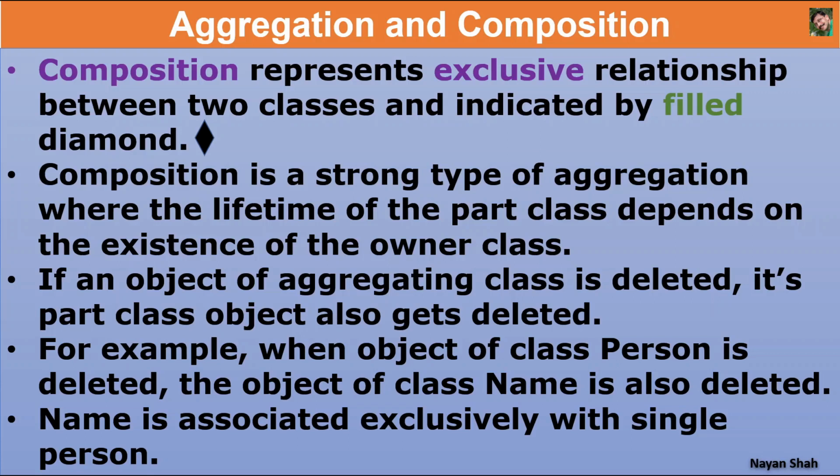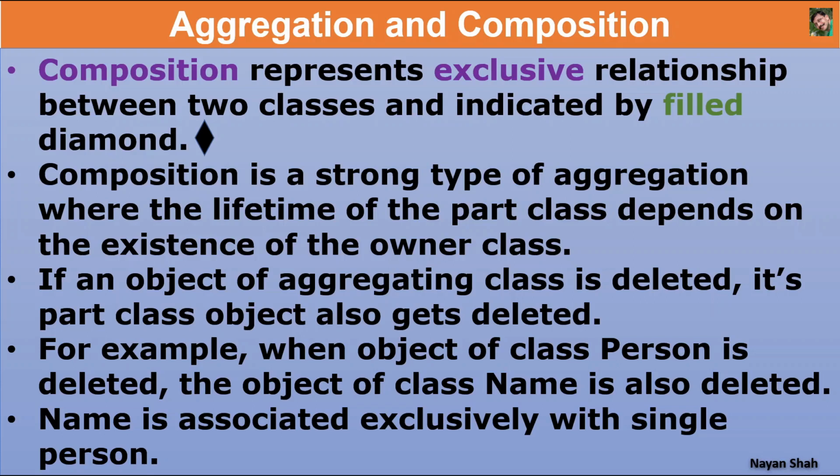Composition is a strong type of aggregation where the lifetime of the part class depends on the existence of the owner class. If the owner class is there, then only the part class can exist. Otherwise, it cannot exist on its own. So if an object of aggregating class is deleted, its part class object also gets deleted.